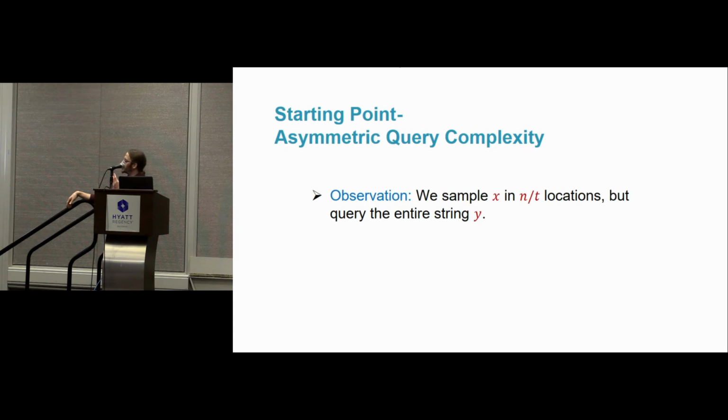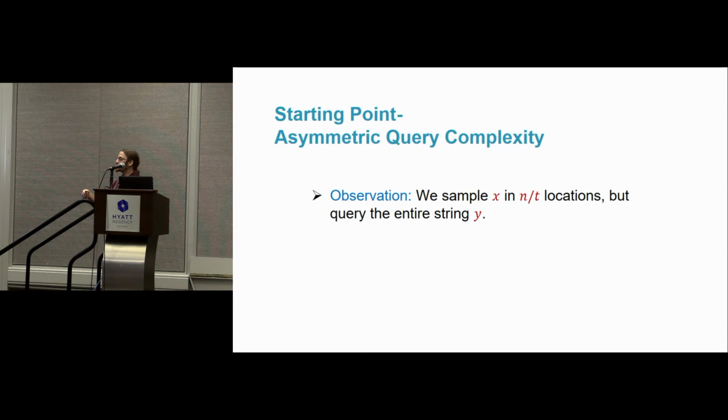So indeed, if we look at the first string x, since we only compare rows that come from our sampled set, we are sampling it in n over t locations. But on the other hand, what happens to y? For y, remember that we have to compare x_i to y_{i+s} for all the candidate shifts.